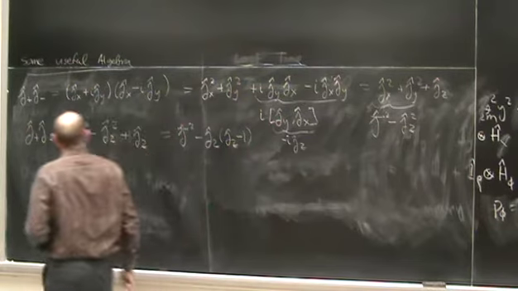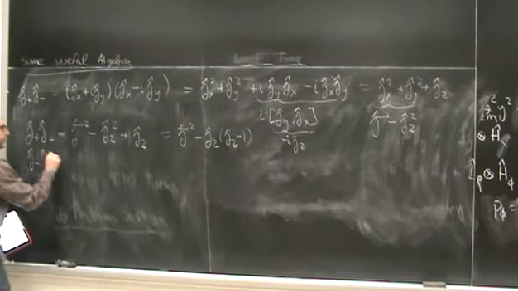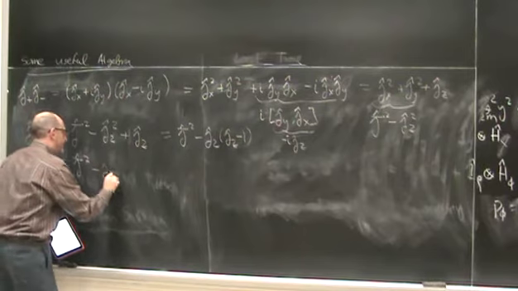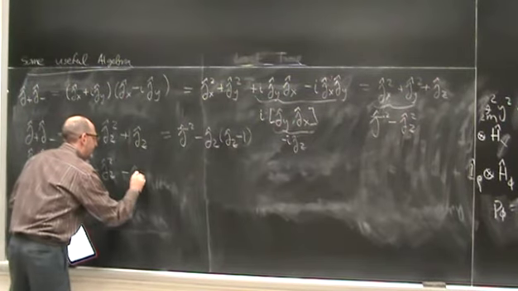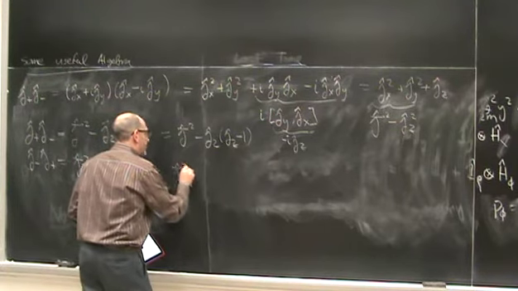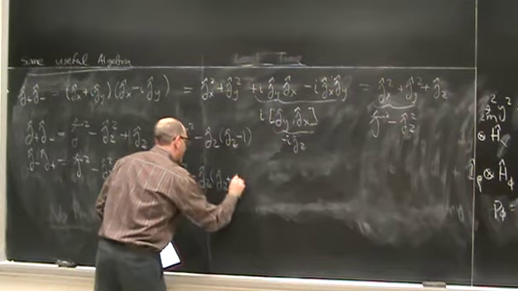Yeah, that's correct. And similarly, if we looked at this other case, doing it in the other order, that's equal to j squared minus jz times jz plus 1.